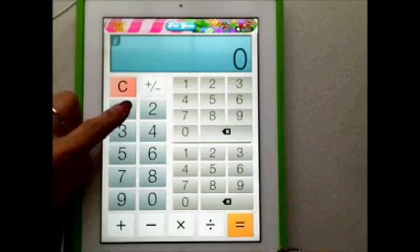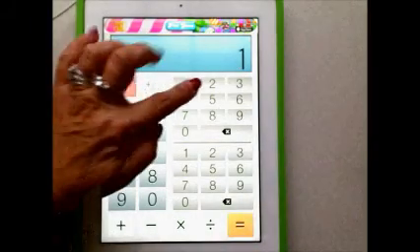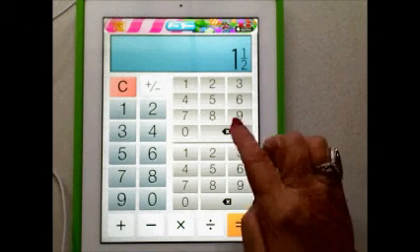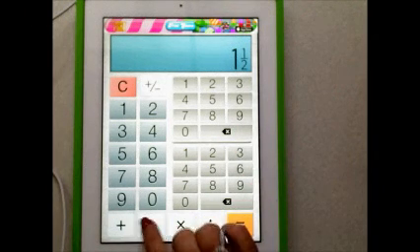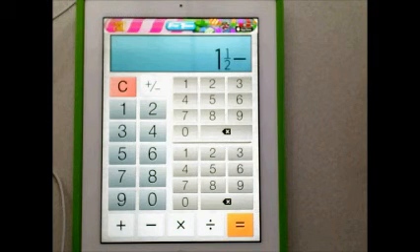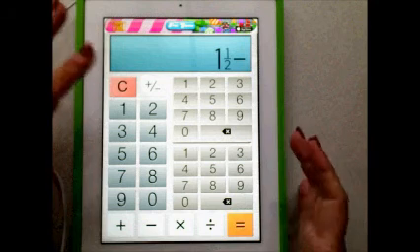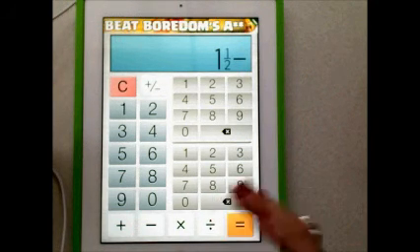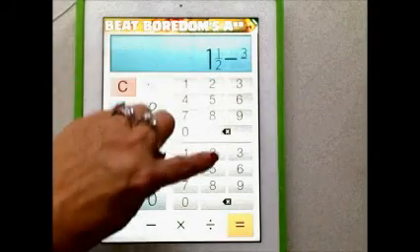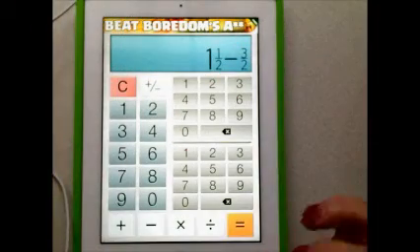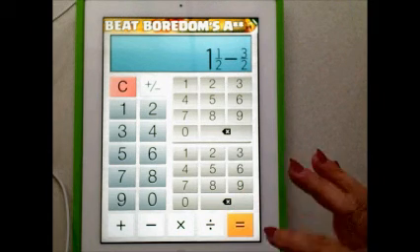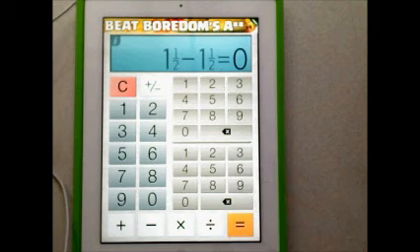Let's say we have 1 and 1/2, and we want to subtract from that 3 halves. We know 3 halves can be written as a mixed number as 1 1/2, and we should get 0 when we do this.